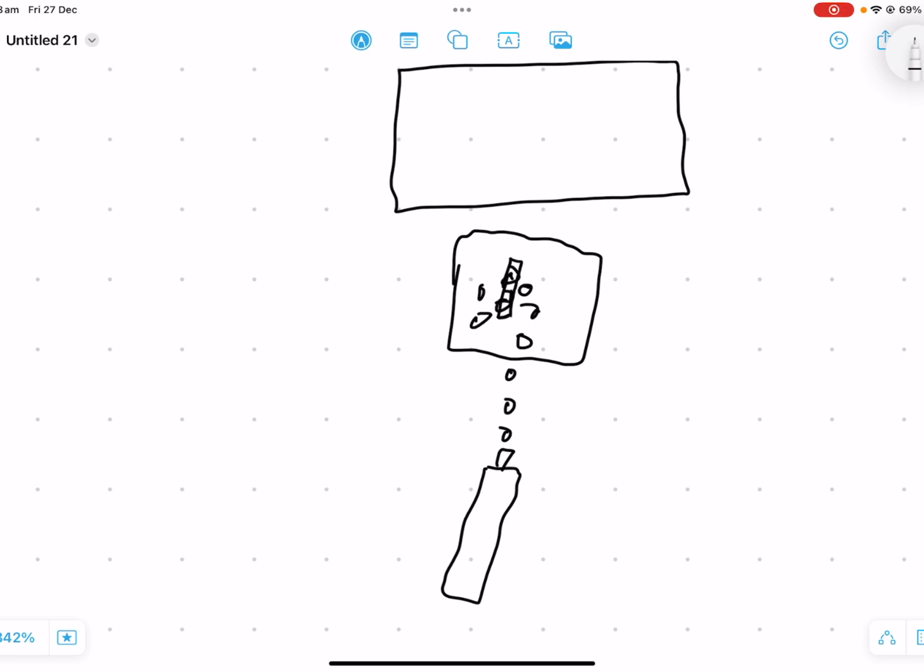Some of them will pass through. What is the pattern? If one passes through and hits here, the next one passes through here, here, here. What pattern forms? Well, one slit, like so.